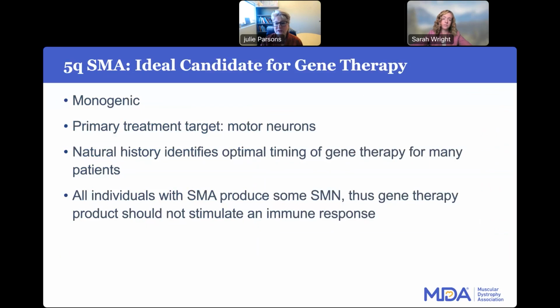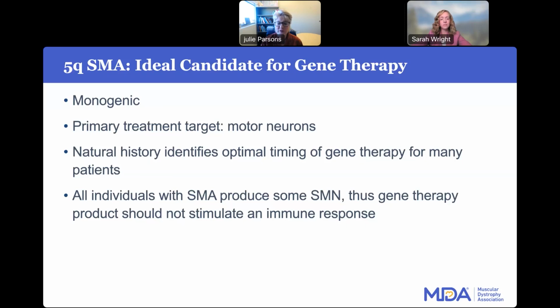5q-SMA is really the ideal candidate for gene therapy. It's a monogenic disorder. We have the primary treatment target being motor neurons. Natural history tells us when the best time is to give gene therapy for patients. We are restricted by the age and weight restrictions, but we also know, again, with Dr. Wright's information as well, that we have newborn screening, we can identify patients early, and we can decrease the time to treat just by being aware about how important that is.